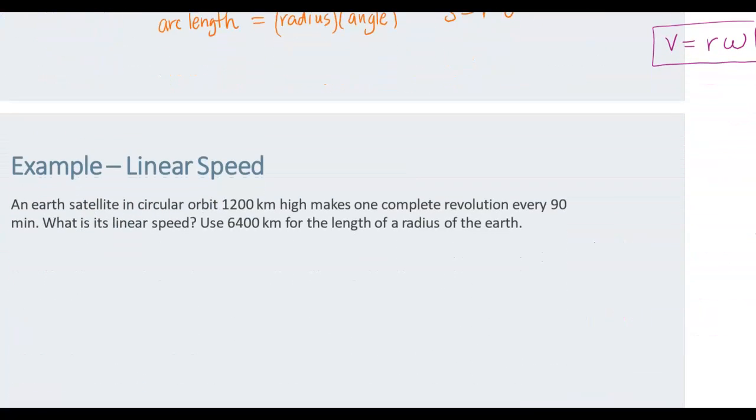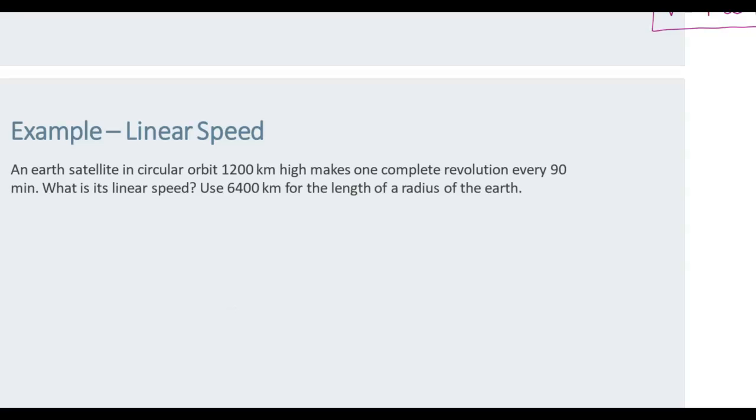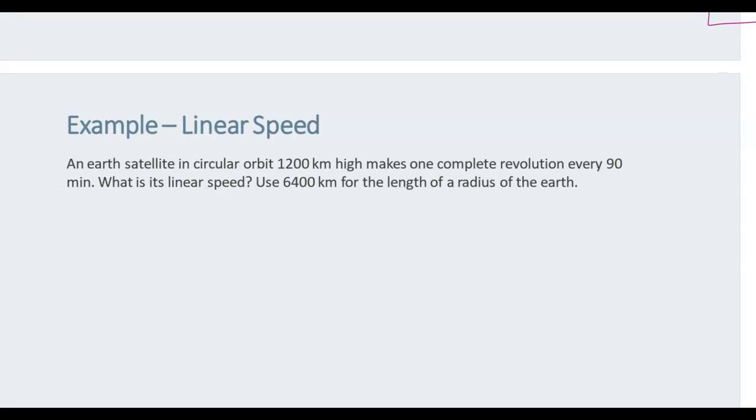All right, let's do a couple of examples. A satellite is orbiting the Earth 1,200 kilometers above the Earth. So we have the Earth like this. We've got some satellite out here that's orbiting.